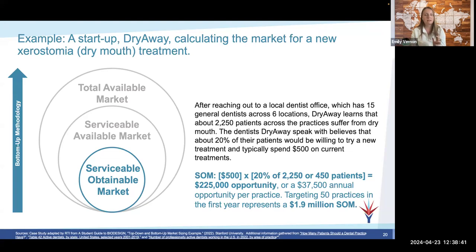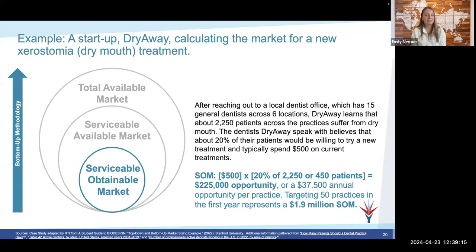So in calculating the SOM, you take the annual spend on current treatment, the $500, and figure out what 20% of those 2,250 patients is, which is 450 patients. That equals a $225,000 opportunity across the 6 locations, or a $37,500 annual opportunity per practice. And Dry Away is targeting 50 practices in their first year, which represents a $1.9 million SOM.